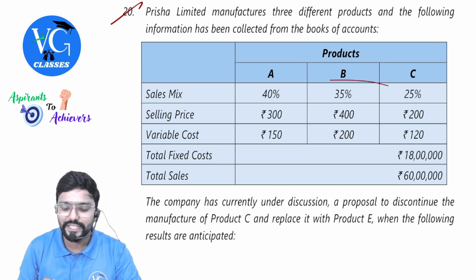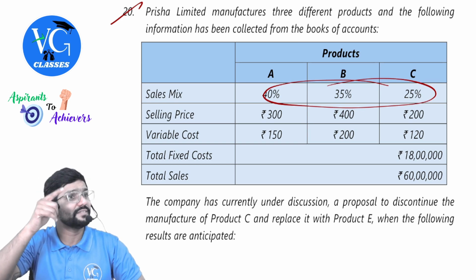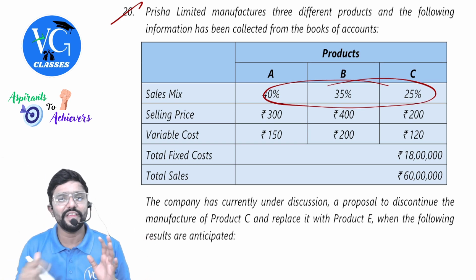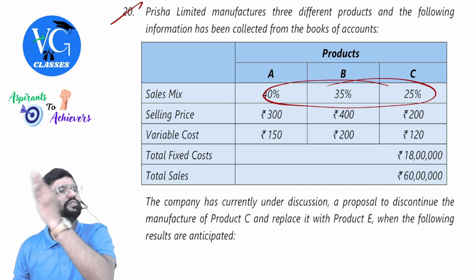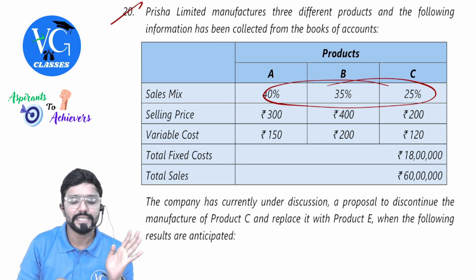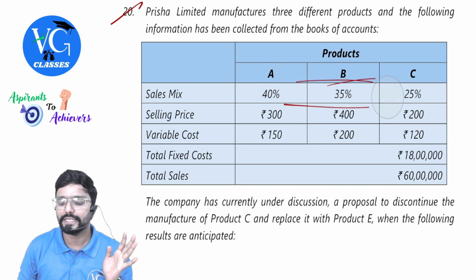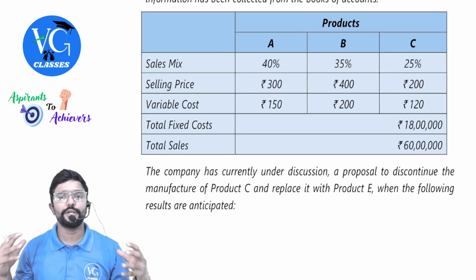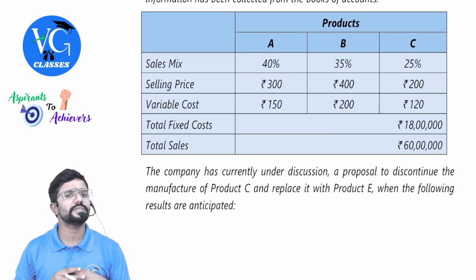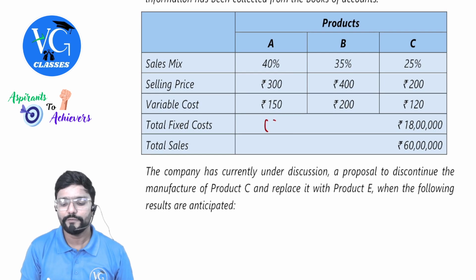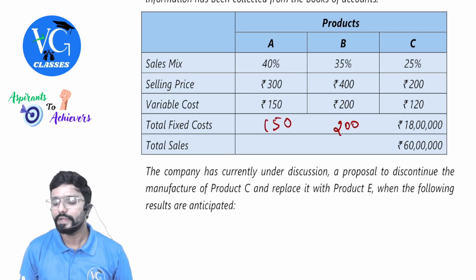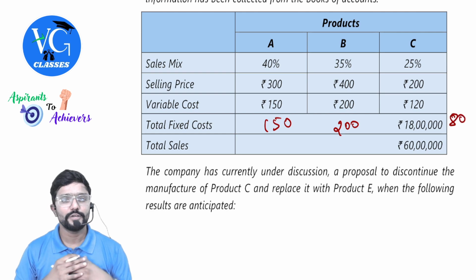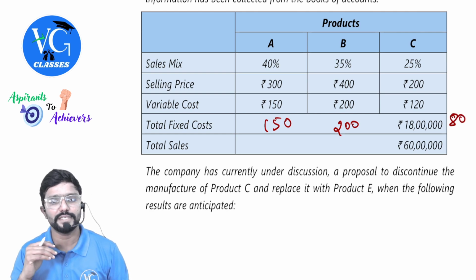Guys, sales mix is nothing but what they used to give as product mix, like 3:2:1. Same way here, 4:3.5:2.5, but they have given it in percentage. That's all. Variable cost 150, 200 and 120. Can we calculate contribution per unit here itself? Yes, 150, 280. Total fixed cost 18 lakh, total sales 60 lakh.